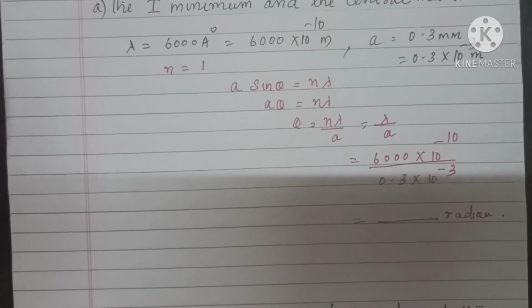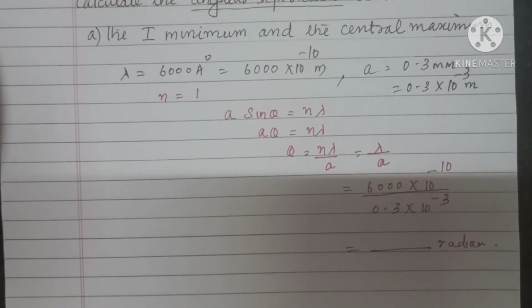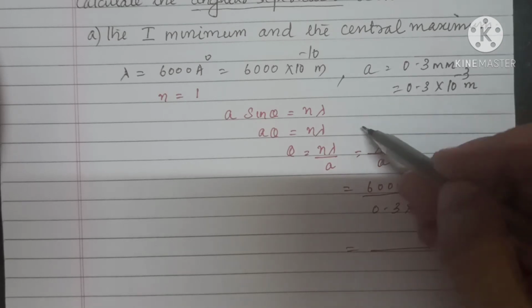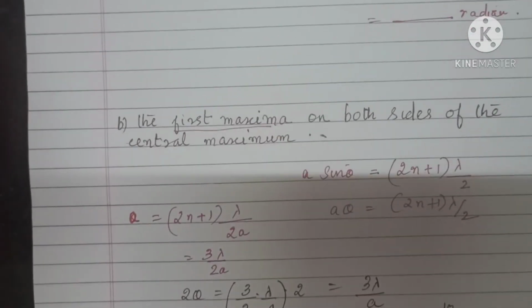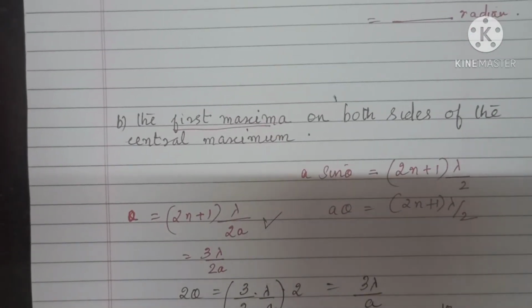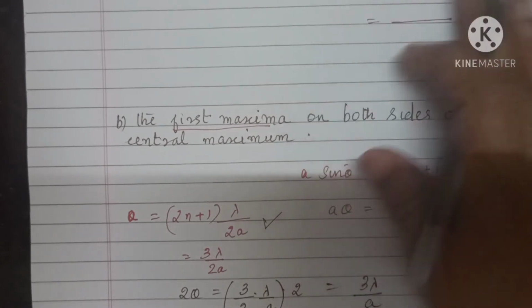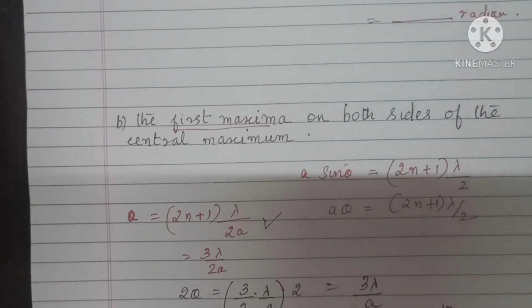This is also a simple question. If you know the theory well, you can directly substitute the equations: theta equal to lambda by A, then for maxima theta equal to 2n plus 1 into lambda by 2A, and since it is on both sides of the central maximum, you have to write it as 2 theta, then you will get the value.